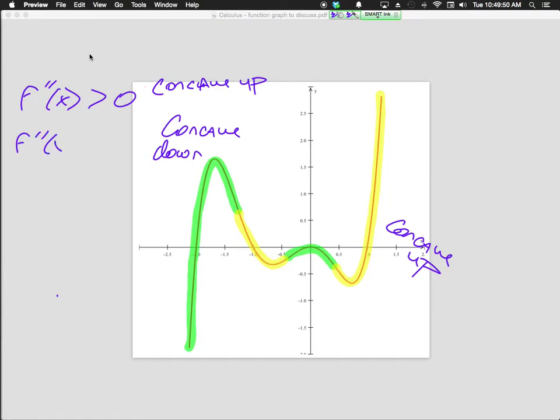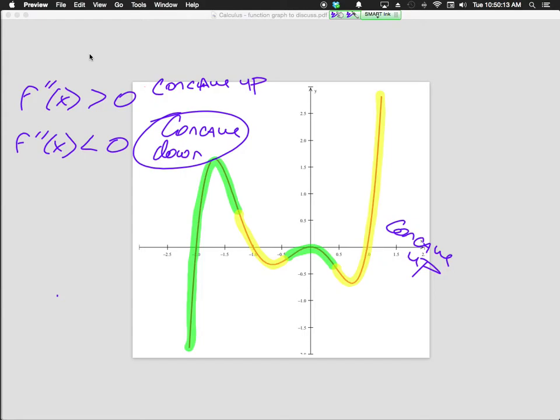If the second derivative is less than 0, or negative, it is concave down. So where it is green, I know my second derivative is negative, and where it's yellow, I know my second derivative is positive. Now, the points of inflection.